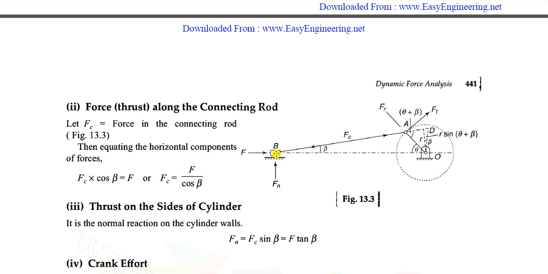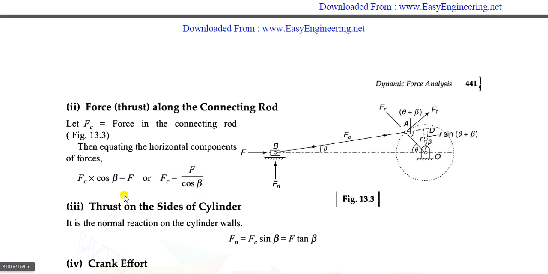The Fc direction at point B is compressive to B, and at point A it is also compressive to A. If you draw the free body diagram of the B part, F is in this direction, this is Fc and this is beta. So the cos component of Fc will be Fc cos beta, and that is equivalent to F. So Fc cos beta is equal to F, and the force along the connecting rod, marked by Fc, is F by cos beta.